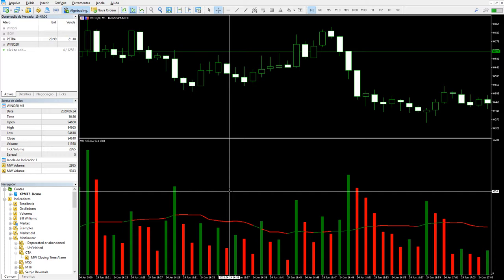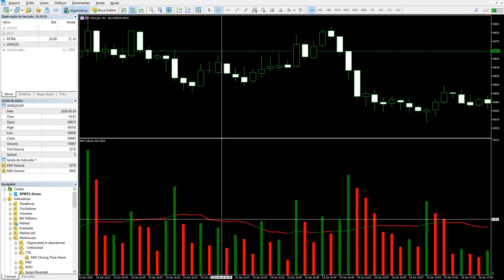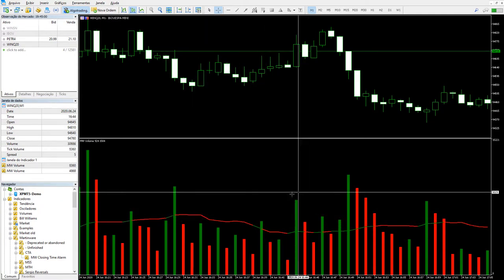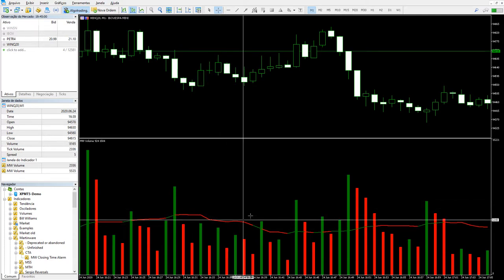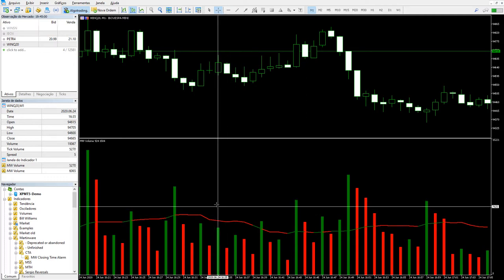So for example, you may imagine a market that is consolidated, and then suddenly you see with the moving average that the volume is getting up. This may signal that the big players are working behind the candlesticks to start a new trend. So this is where the moving average may be useful for you.